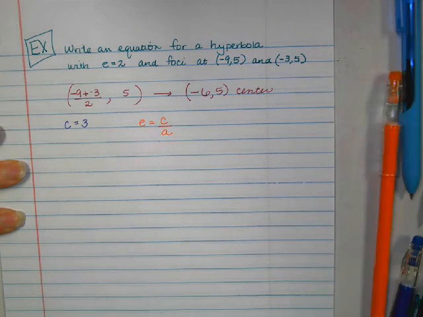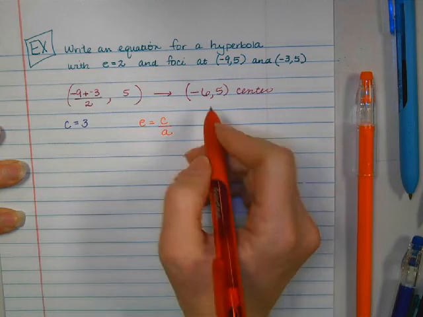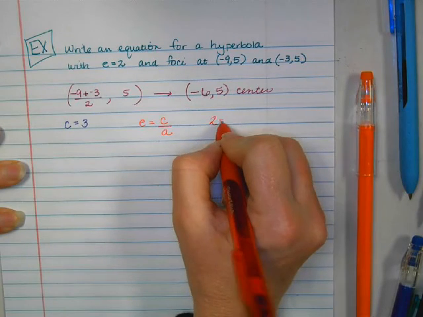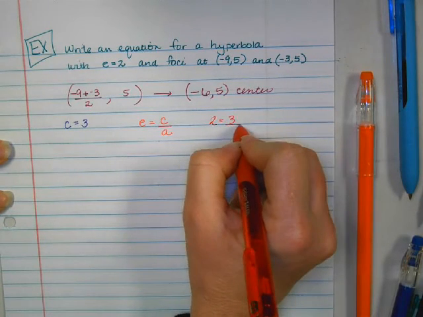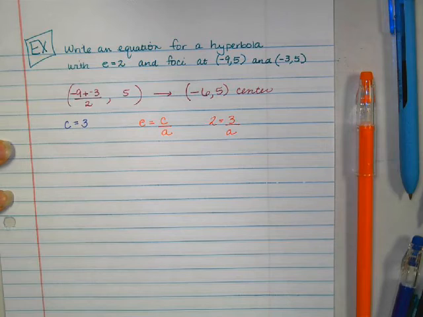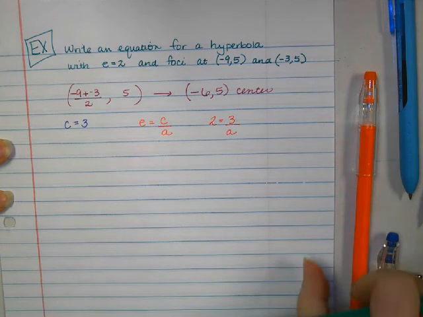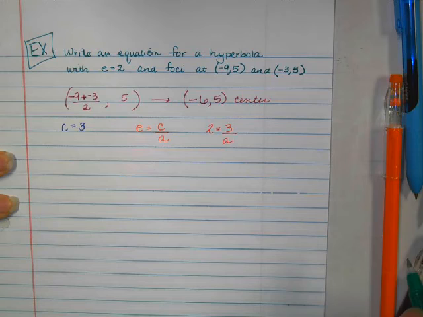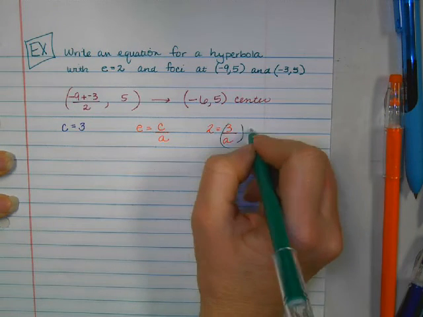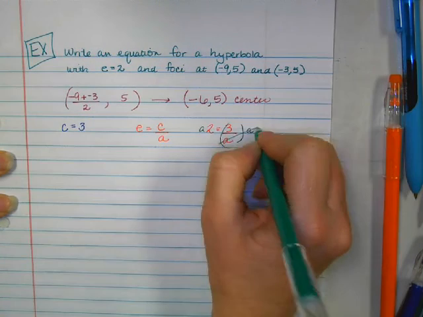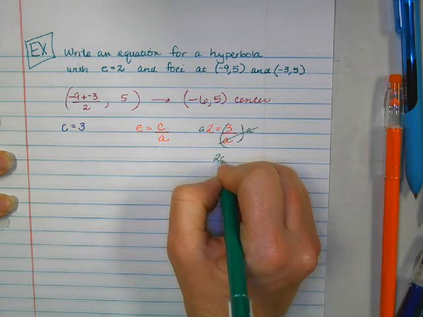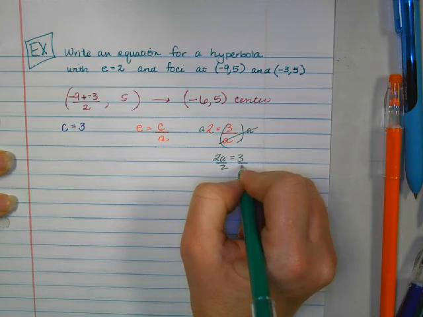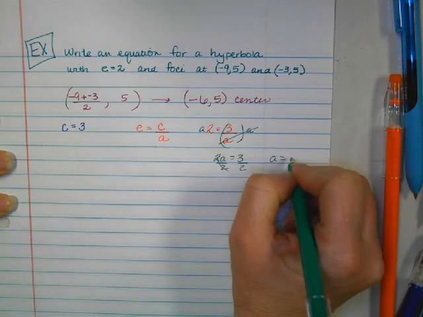So E is 2, and I just found C to be 3, and now I got to solve for A. What do I need to do? Multiply both sides by A to get it off the bottom, and then divide by 2. So A equals 3 halves.